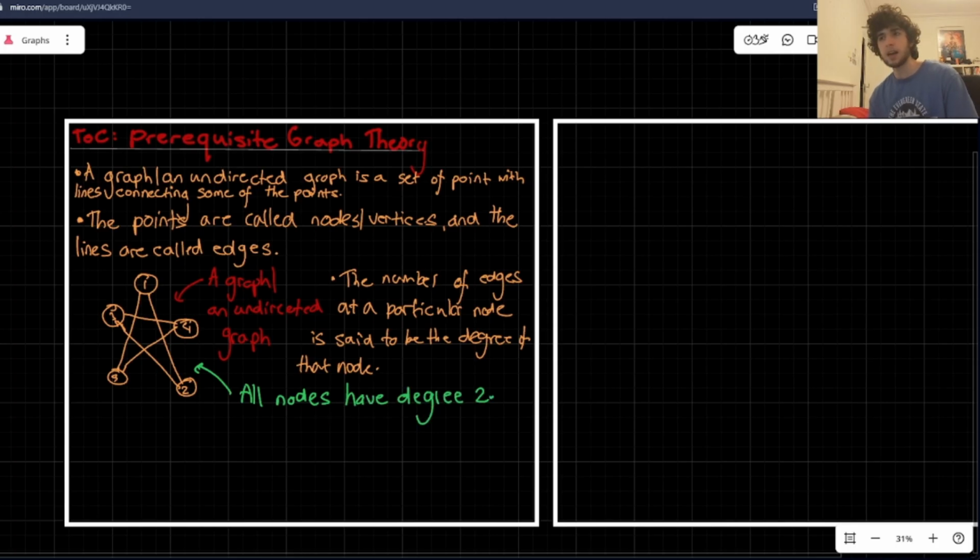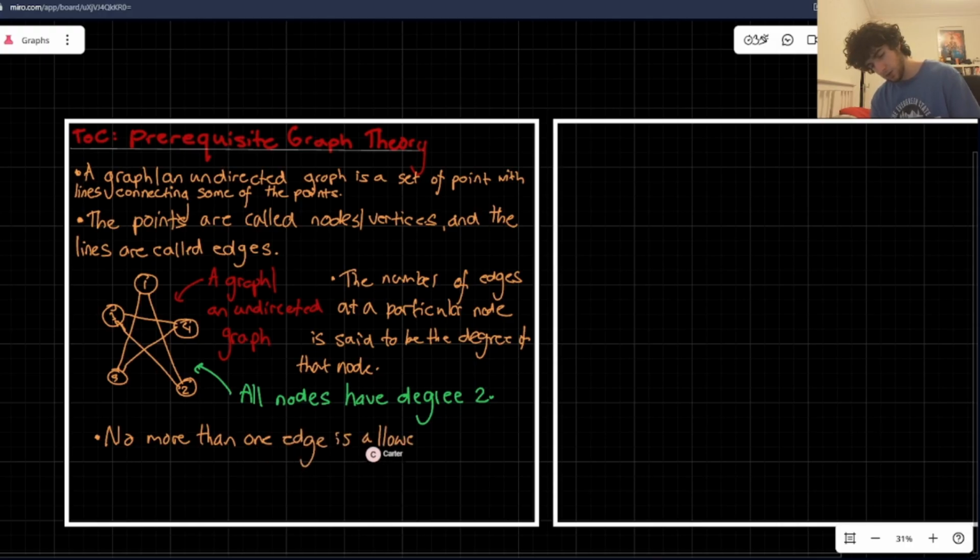Okay? And another thing that we say is that between any two nodes, no more than one edge is allowed. So for example, if I go up to my graph here and I consider nodes 3 and 2, I'm only allowed to have one edge between them.